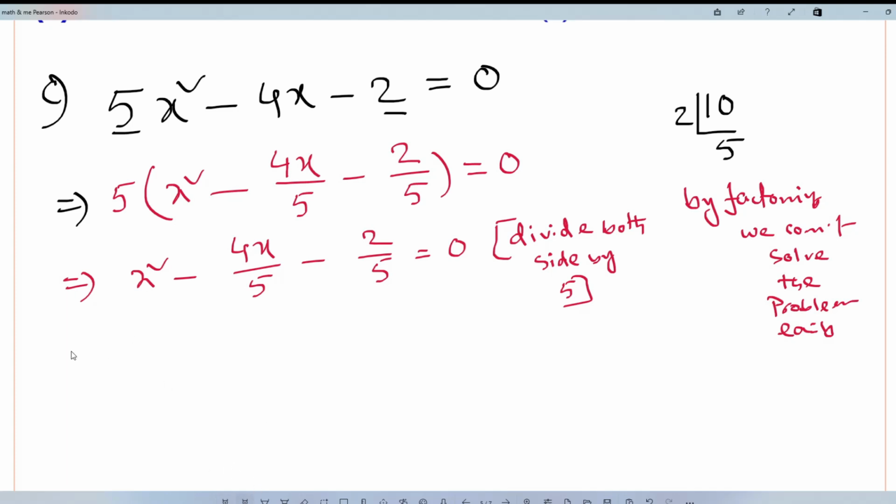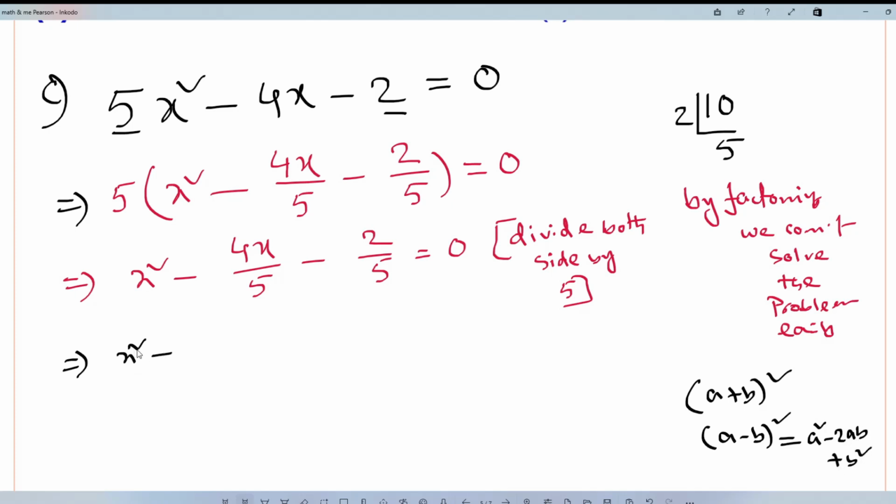So here we can write like this, our target is the a plus b whole square or a minus b whole square formula. So here is x square. Now look, this one is 4 by 5. So what can we do? Based on the formula, we know a minus b whole square means a square minus 2ab plus b square.